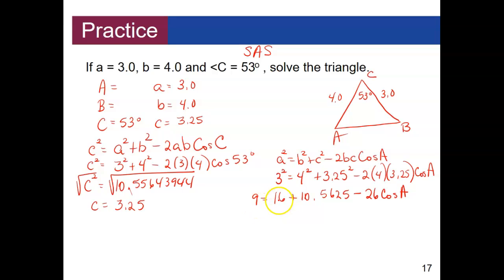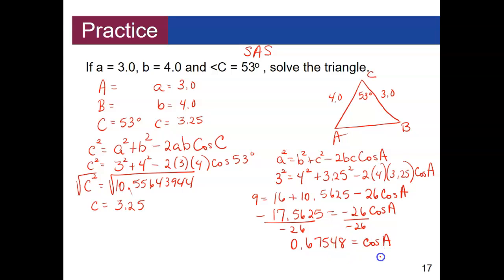I'm going to do 9 and then subtract 16 and 10. So we get negative 17.5625 equals negative 26 times the cosine of A. We want to divide away this negative 26. So we get 0.67548 is equal to the cosine of A.